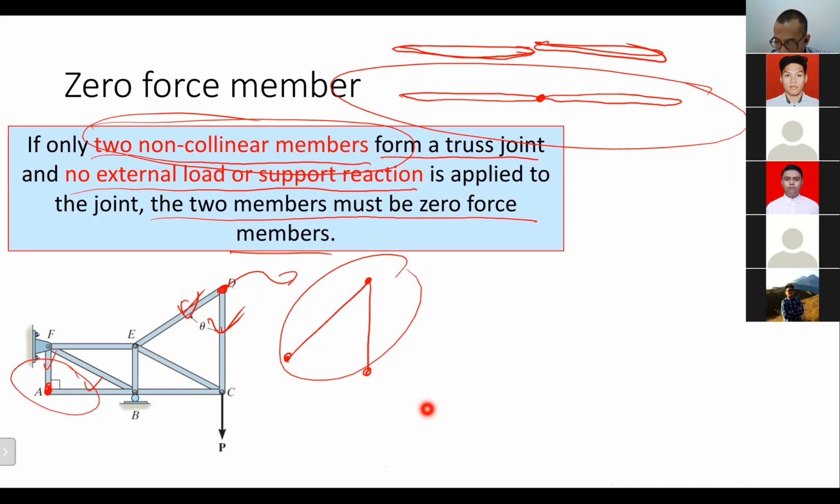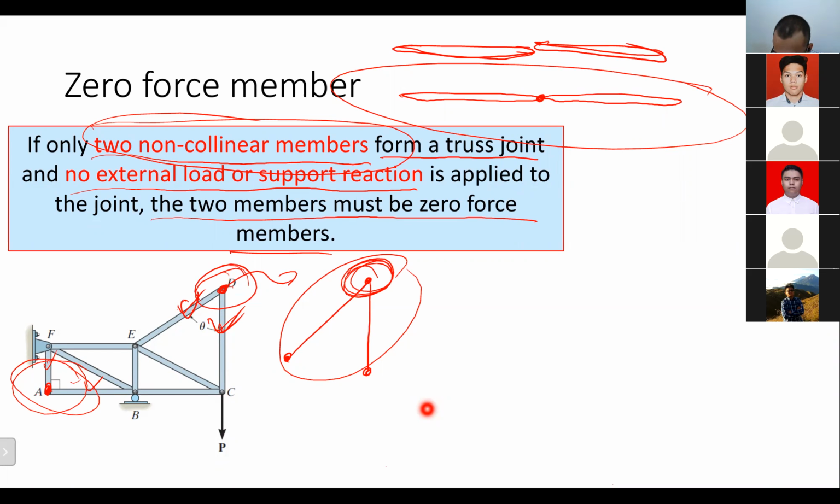And remember again that there is no force applied on this particular joint as well. There is no force, and the joint only consists of two members, and both are non-collinear.